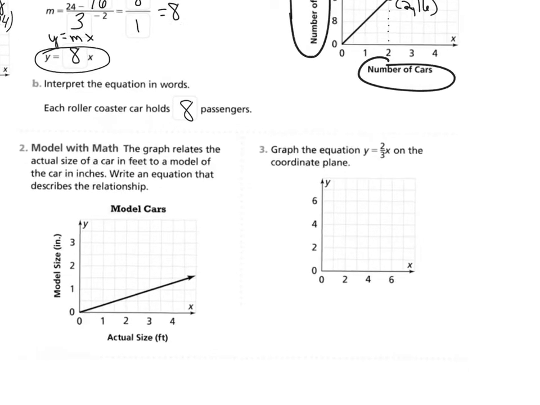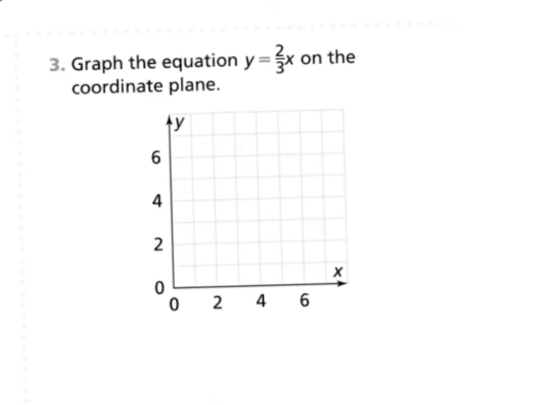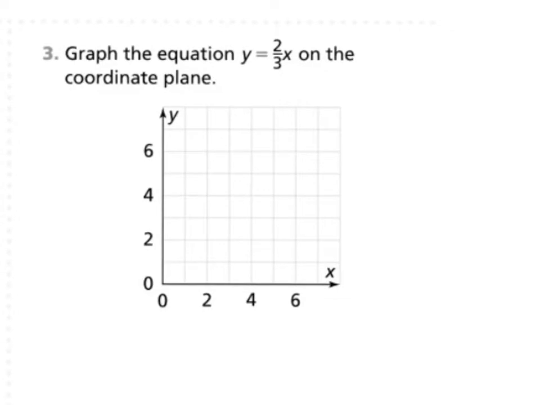If we look at number 3, they want us to graph this equation y equals 2/3 x. Look at that equation, and you might notice it's in that y equals mx form, or y equals kx form. Since it's in that format, we know it's proportional.